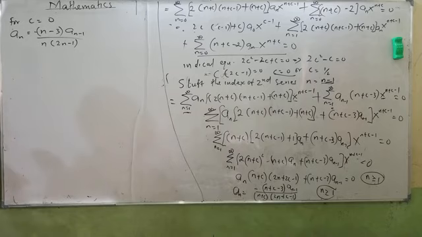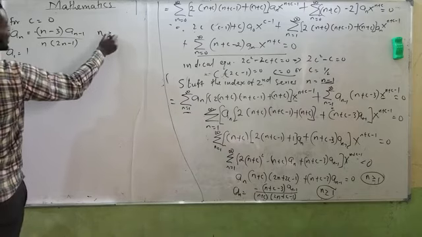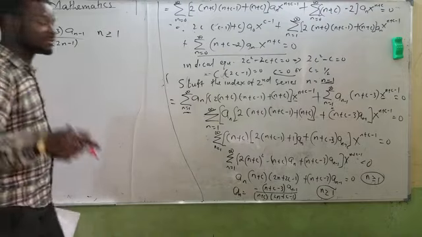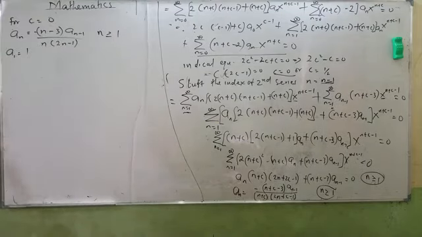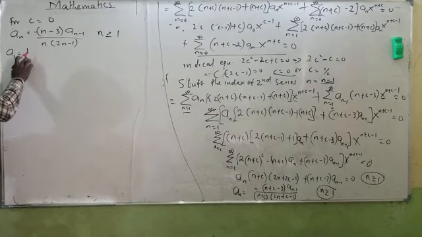Now, I will notice that when my n is greater than or equals to 1, it means I must start counting from 1, 2, not 0 this time around, or minus 1. Now, when my n equals to 1, wherever you see n, put 1 in it.